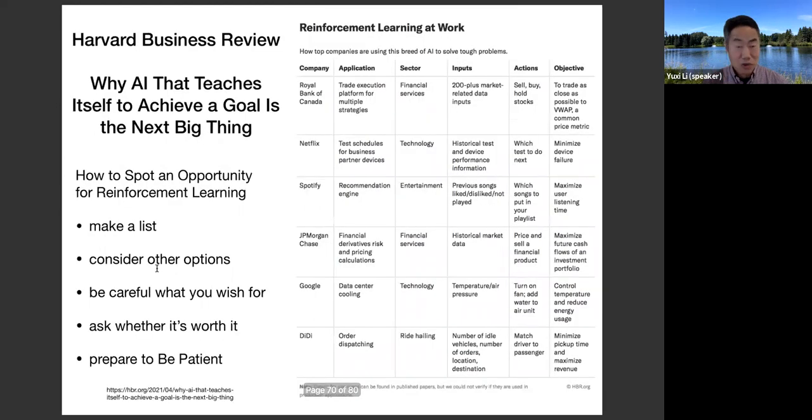And for Harvard Business Review, the title is "Why AI That Teaches Itself to Achieve a Goal Is the Next Big Thing." So basically it says reinforcement learning is the next big thing. Especially if you are from a business side, I highly recommend looking at these two articles.